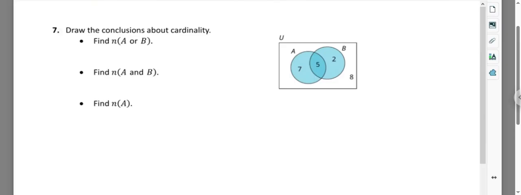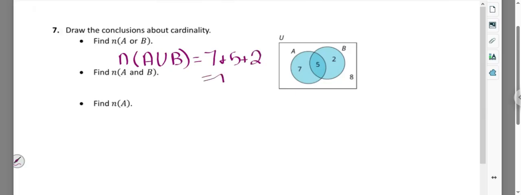So the number in A or B would be 7 plus the 5 that overlap plus the 2. So that would be 14.